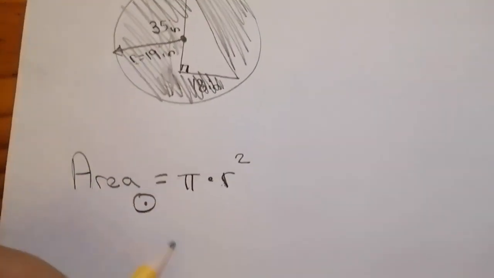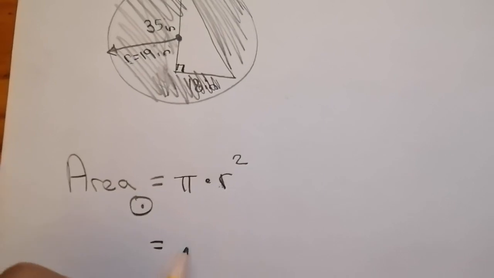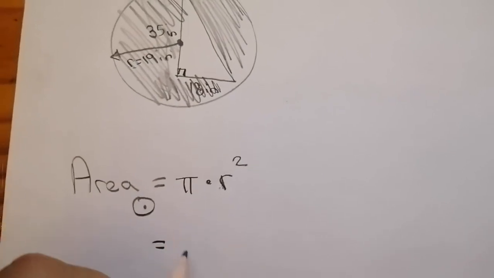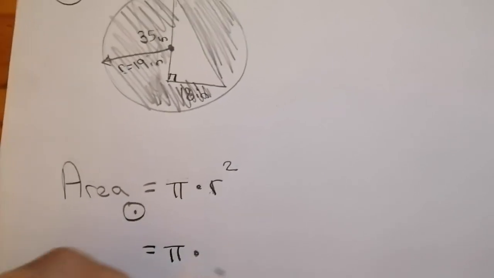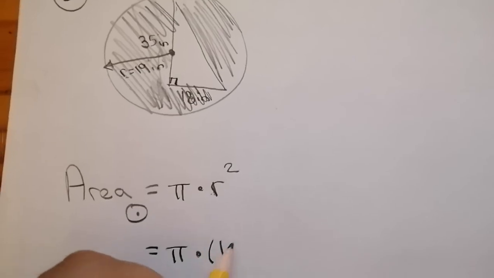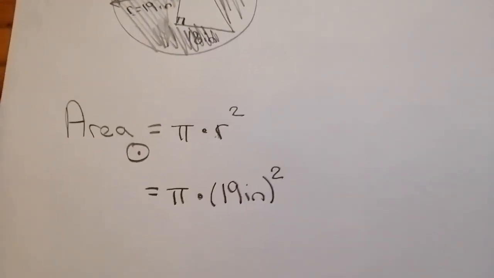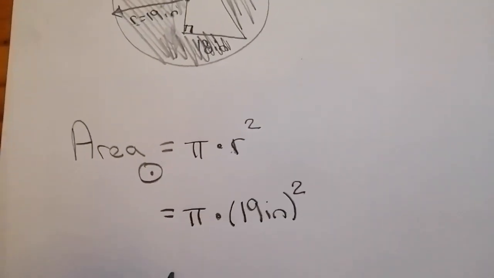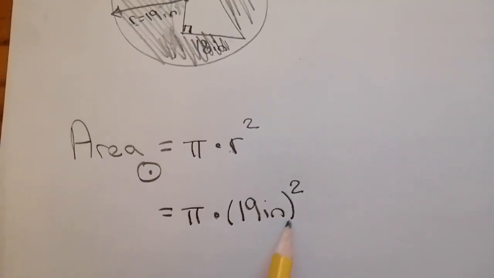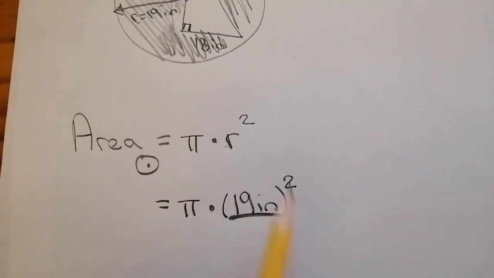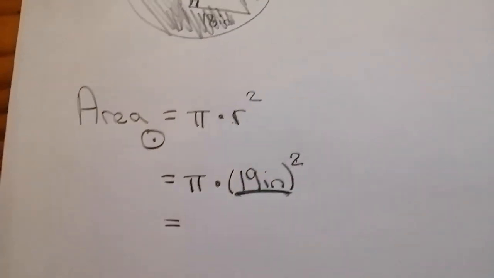So all you really have to do is substitute the value for r, which is 19, into the formula. So you have pi times 19 inches to the second power, right? So far so good. So we're gonna do this right here. 19 to the second power. How much is that?